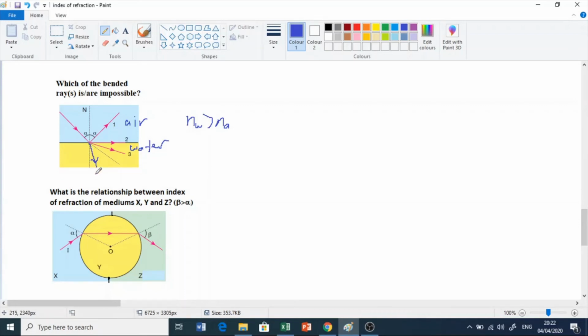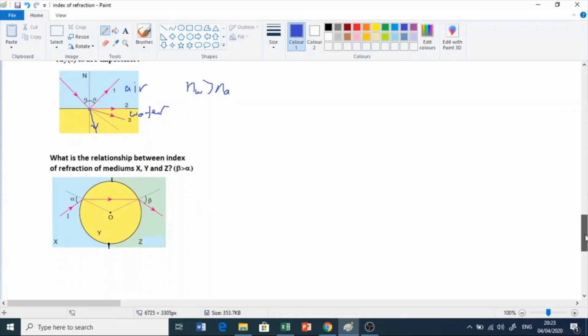But in this case, as you see, even though the light is moving from air to water, the first one, the second one, and the third ray are all moving away from the normal, and all of these are impossible.